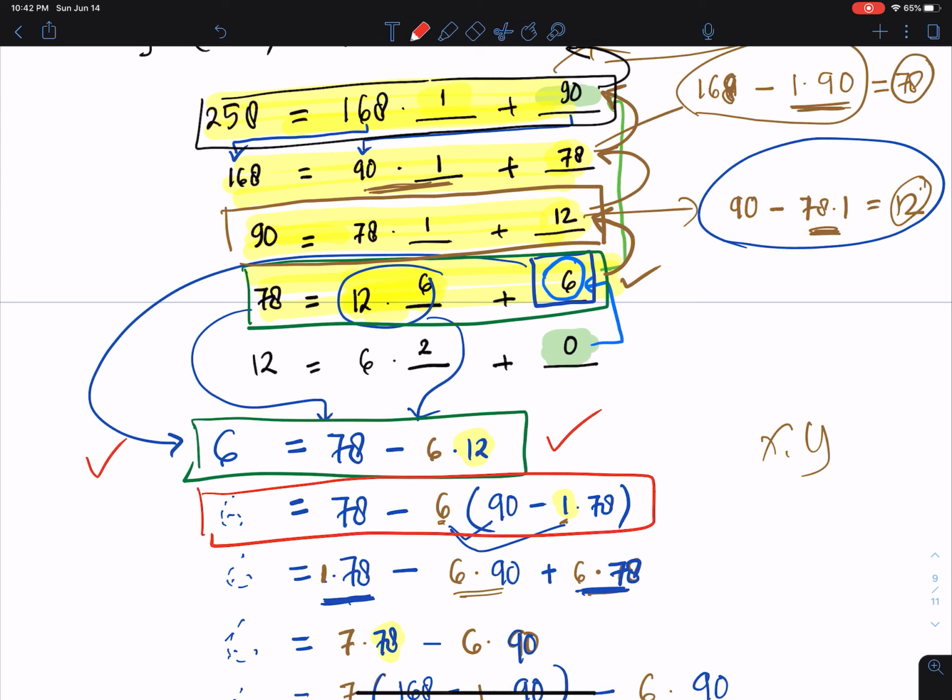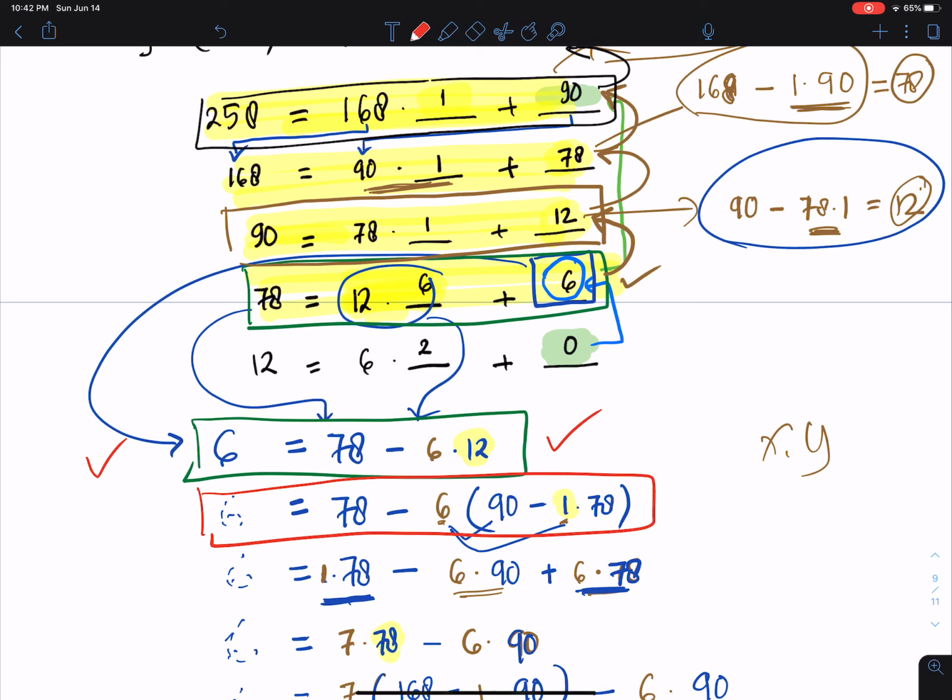So 6 equal to 78 minus 6 our 12 is 90 178. Okay, clean. Move to this row. So 178 minus 690 plus 678, clean. So this one okay.